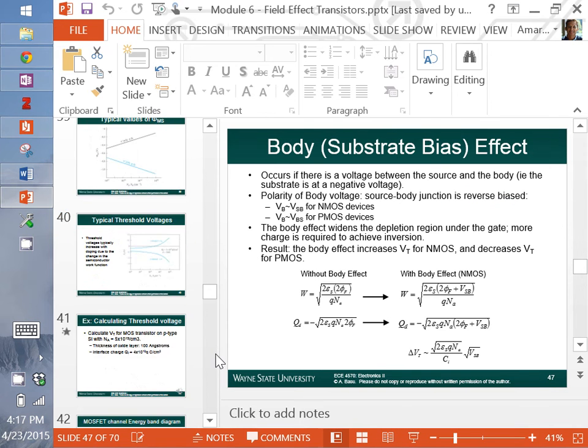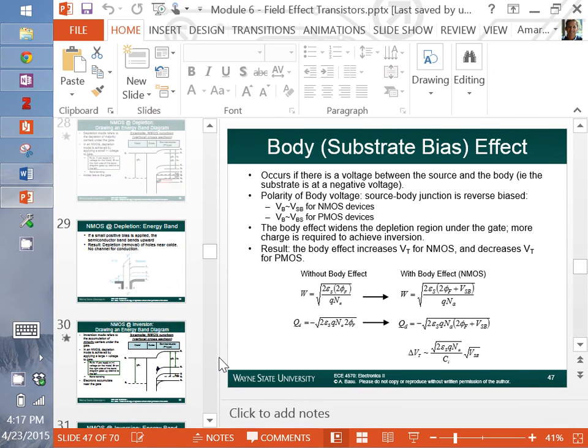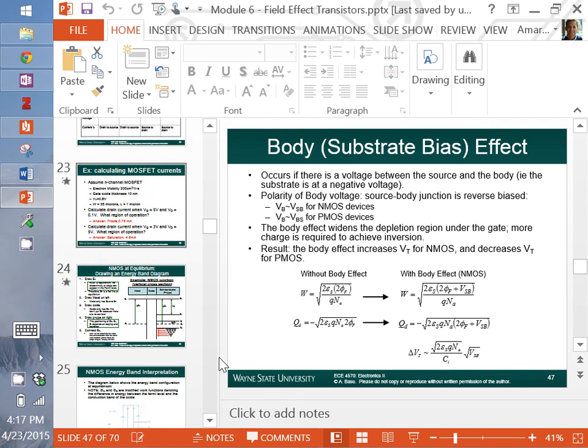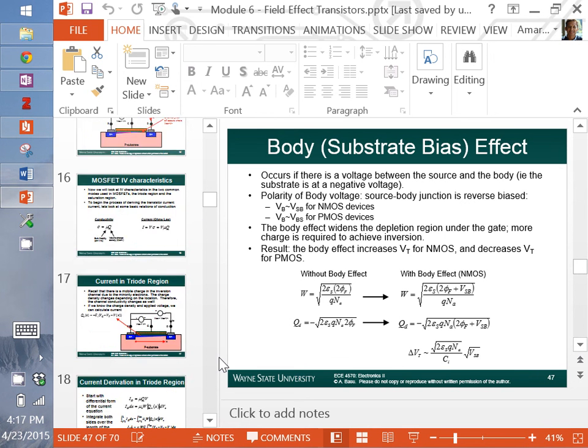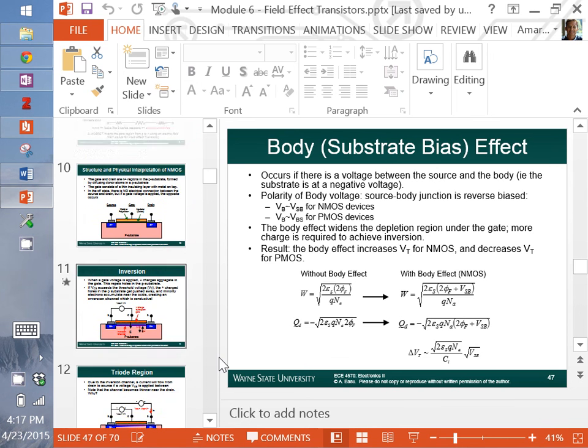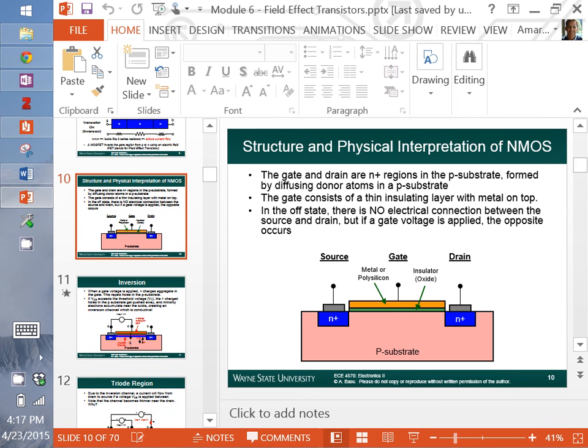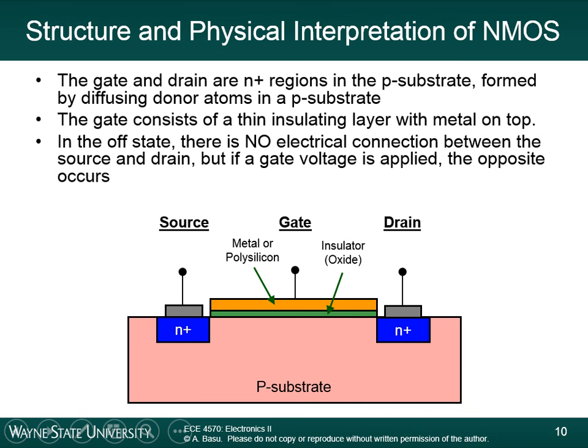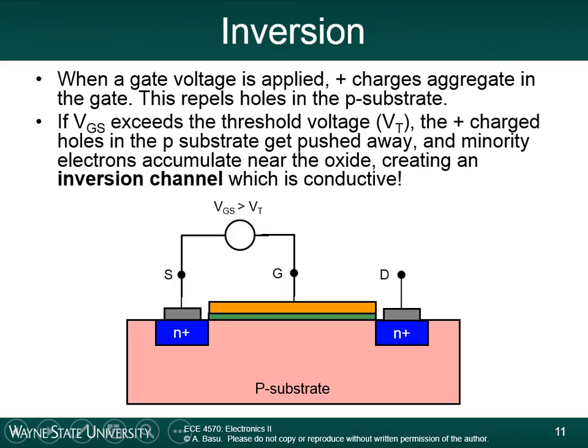So whenever we're talking about this analysis of the junction, I always like going back to the original diagram because it gives us a good starting point. This whole concept of inversion and threshold voltage: we were saying that when the gate to source voltage is greater than the threshold voltage, you get a positive charge buildup. That creates an electric field that pushes the holes away, pulls the electrons in, and creates an inversion channel.